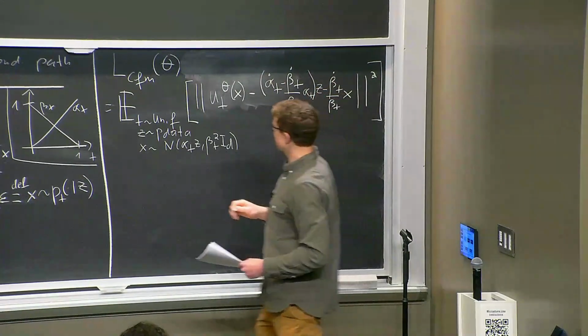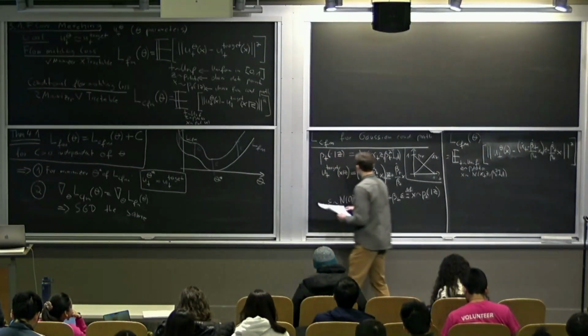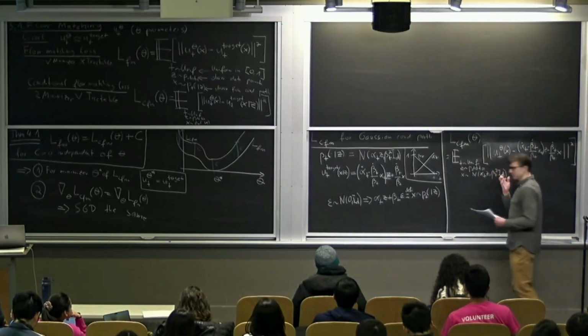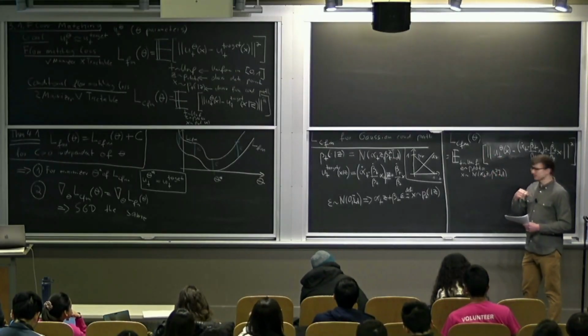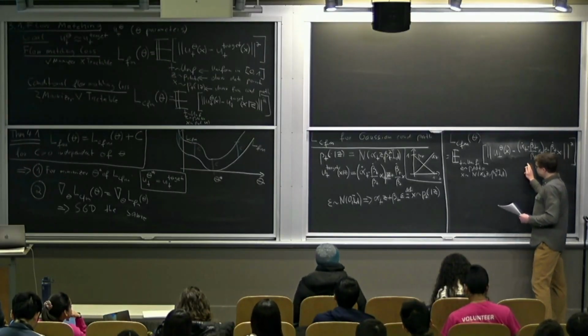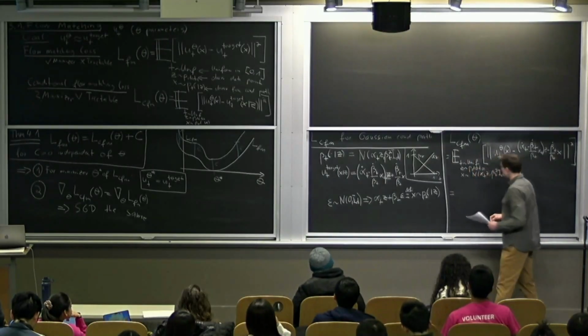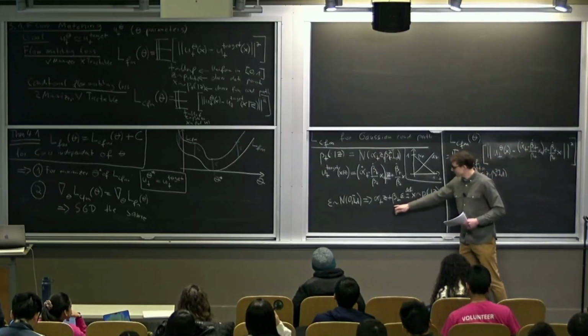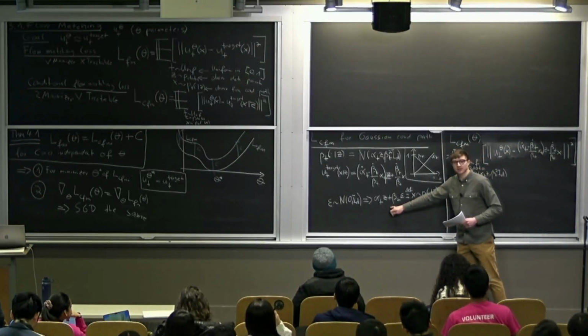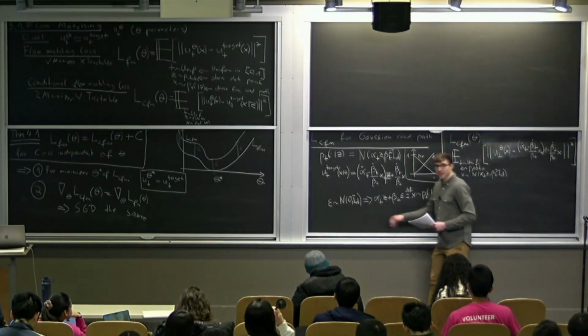So what I've done here is plugged into this formula. And now I'm going to replace x with this formula. So instead of sampling x from this object, I'm sampling just noise and then adding it up.